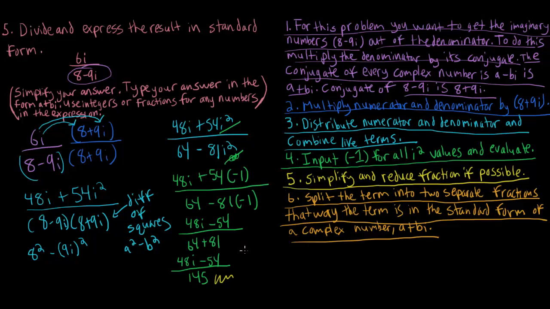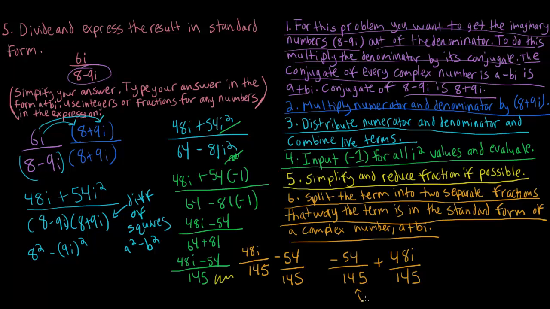So if we split the term, 48i over 145 minus 54 over 145, and then we actually want to switch these terms around to negative 54 over 145 plus 48i over 145.